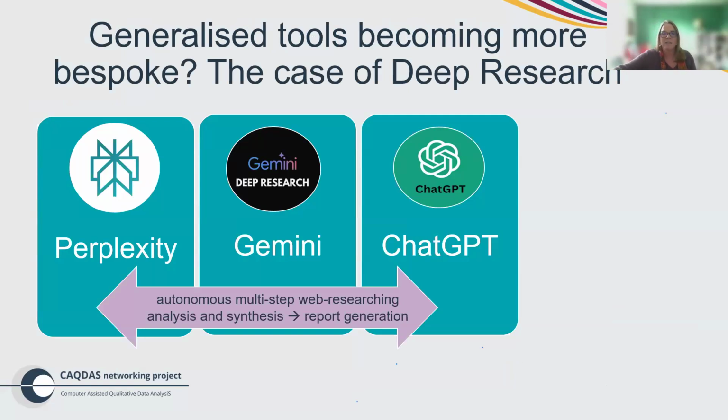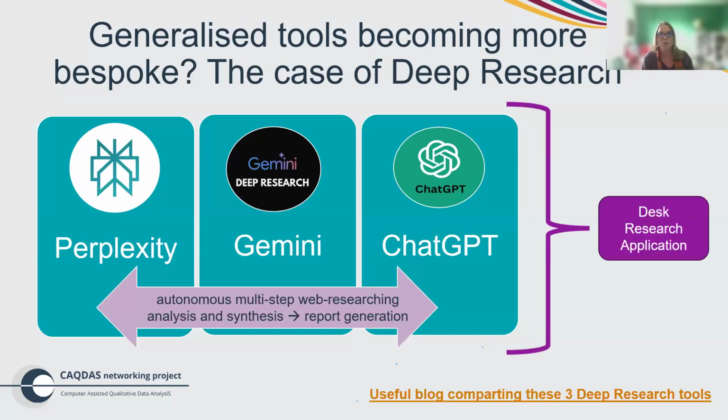So it's a desk research application whereby the tool will autonomously, off its own back, through a series of multi-step web researching processes, analyze and synthesize and generate a report based on a question that you provide it.